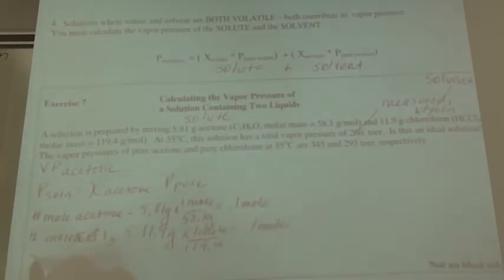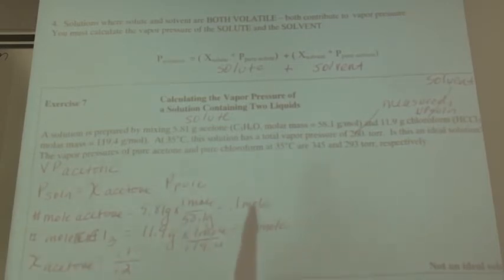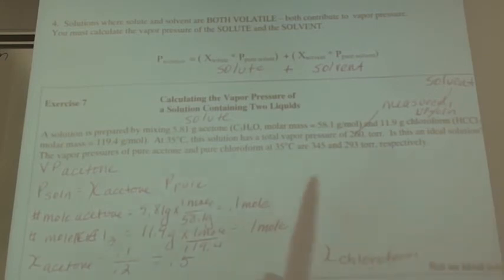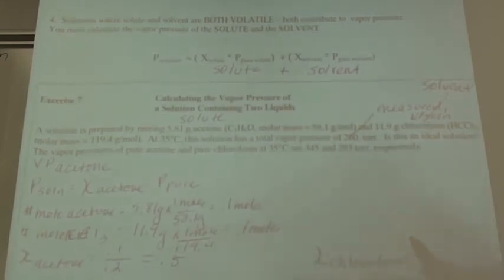So the mole fraction of the acetone is equal to 0.1 over 0.2, get it? Which is 0.5. What's the mole fraction of the chloroform then? Yep, 0.5, because the two mole fractions have to add up to 1.